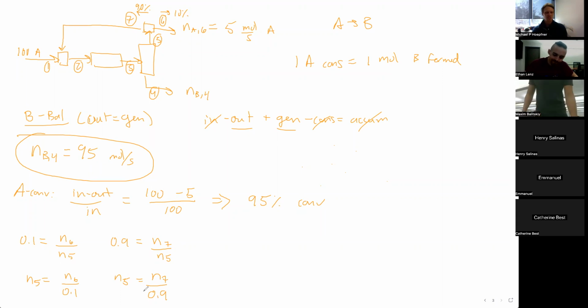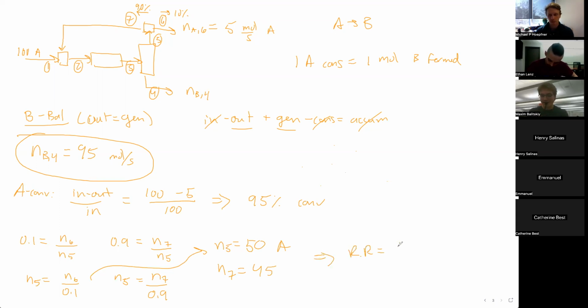Maybe it's easiest just to solve for N5. So N5 is equal to 50. That means N7 is 45. Therefore, the recycle ratio is 45 over 100, 0.45. Let me double check I didn't botch this. Yep, 0.45.